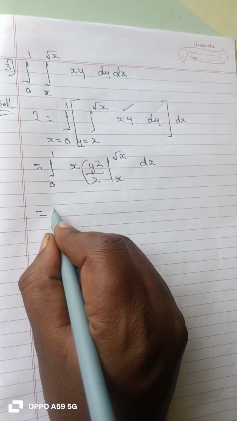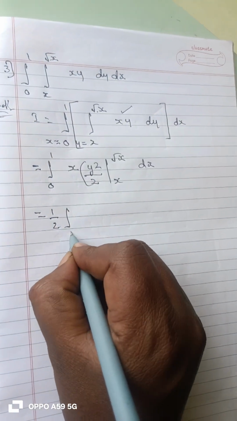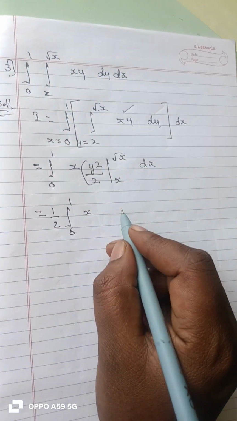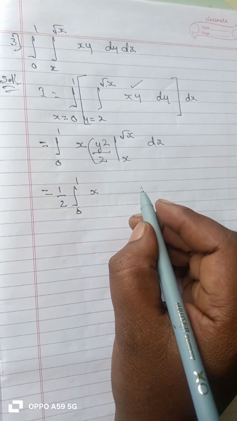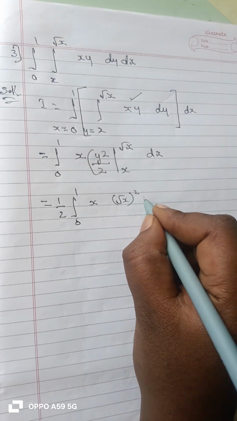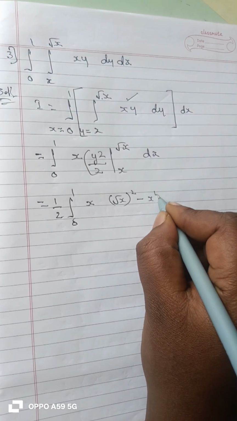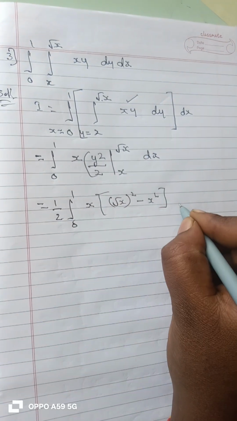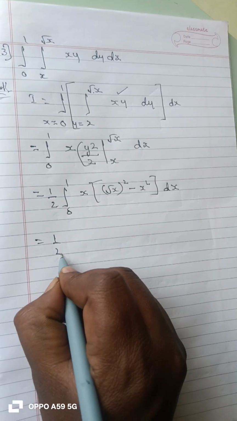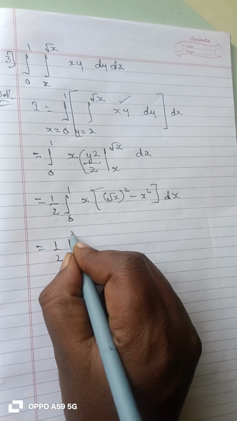This is equal to 1 by 2, you can put it outside, that is a constant, 0 to 1, x keeping as it is, y square. For y square, if you substitute upper limit minus lower limit, this is root x whole square minus x square, dx.